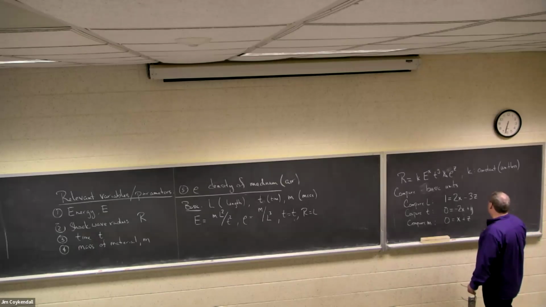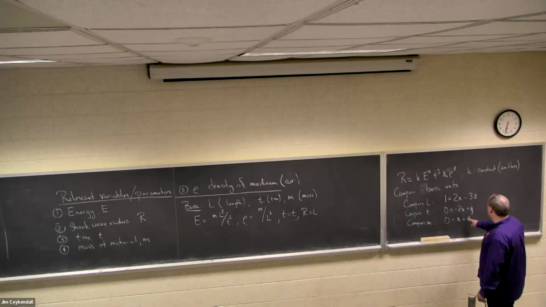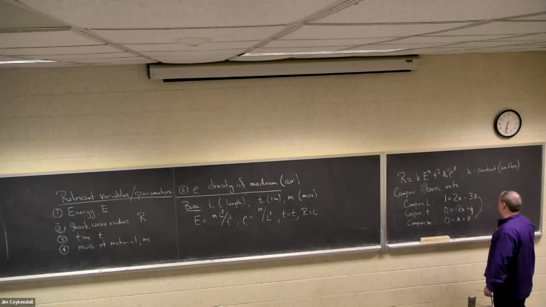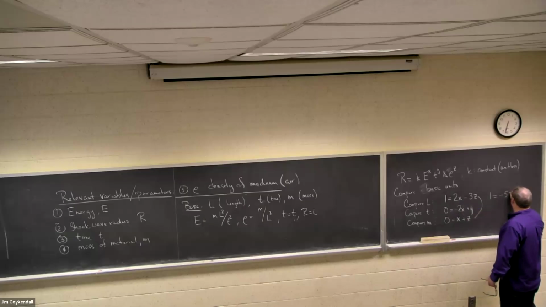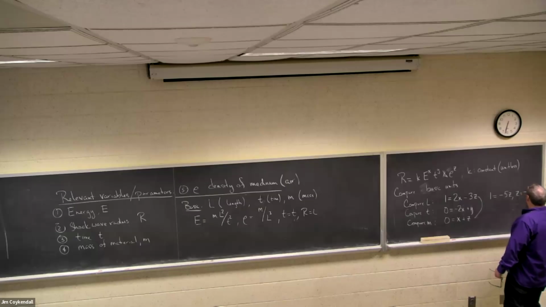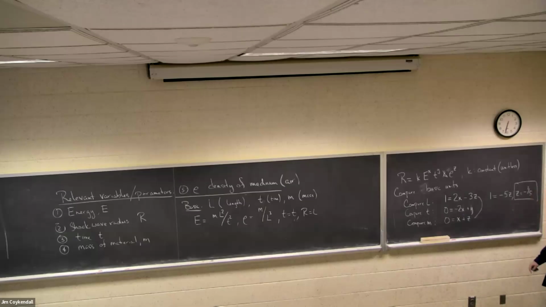And so actually I can use these two to eliminate. I'm going to multiply this by -2 and add it to this. So I get 0 minus 5Z, so Z is -1/5. Agreed?